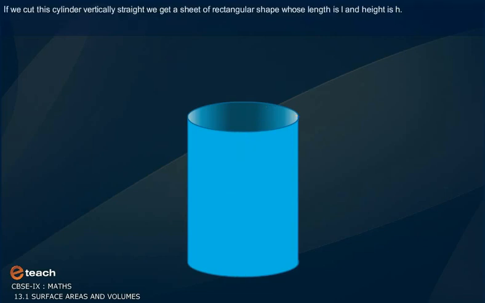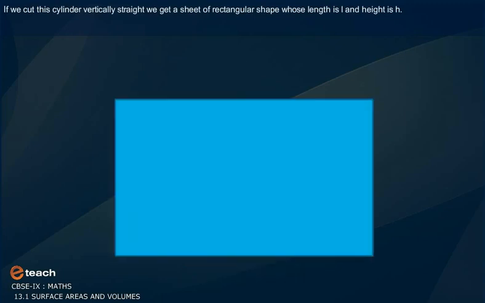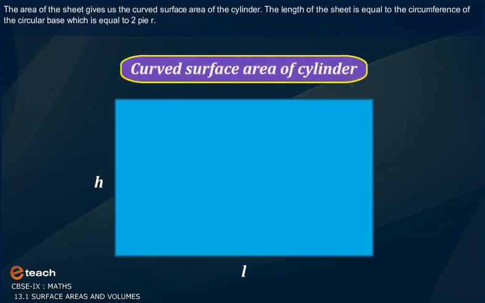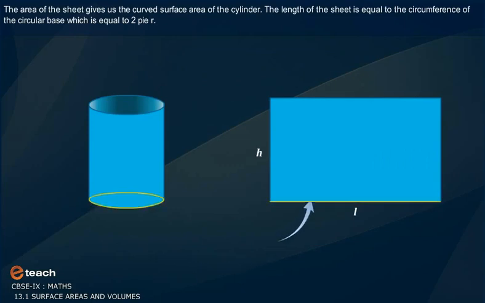If we cut this cylinder vertically, straight, we get a sheet of rectangular shape whose length is L and height is H. The area of the sheet gives us the curved surface area of the cylinder. The length of the sheet is equal to the circumference of the circular base, which is equal to 2 pi r.